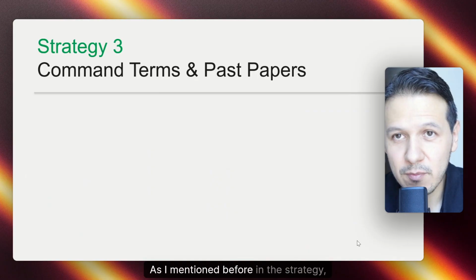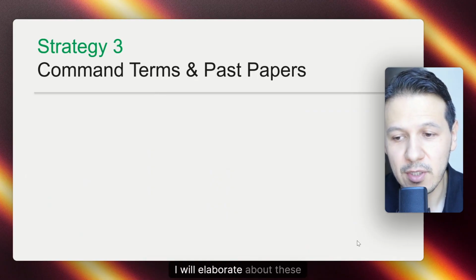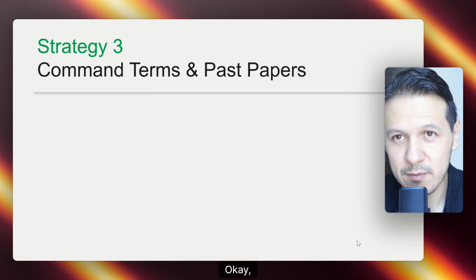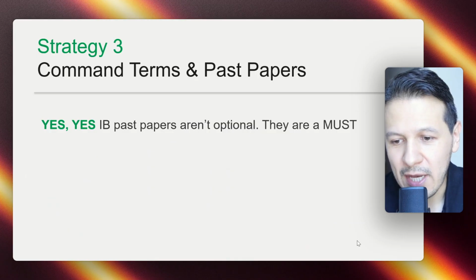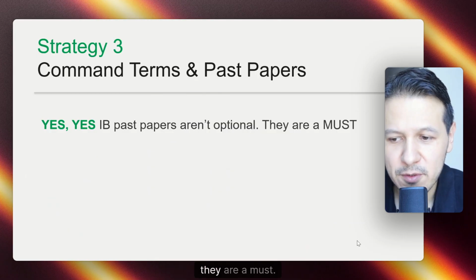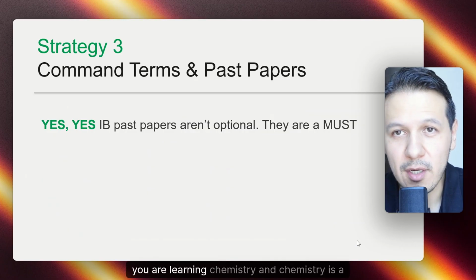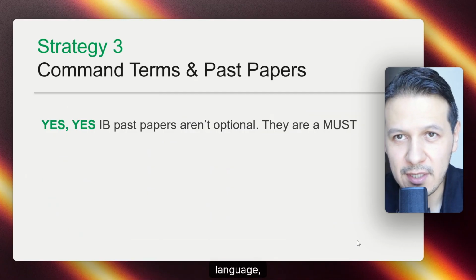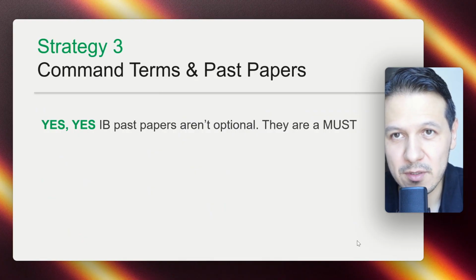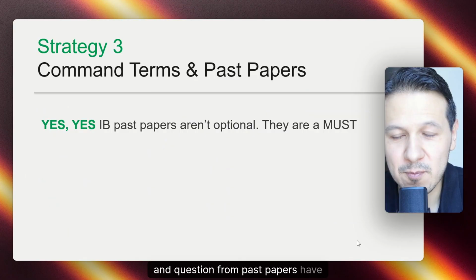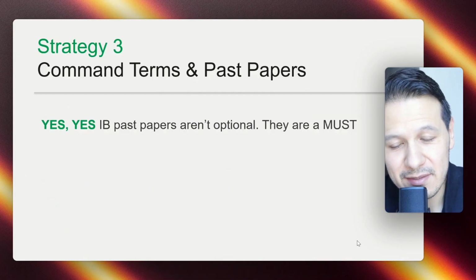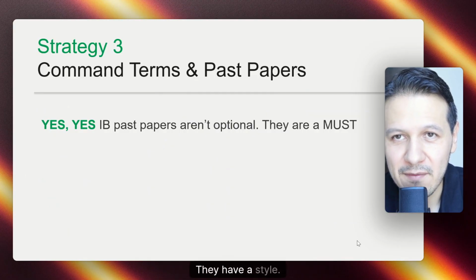Number three is common terms and past papers. As I mentioned before, I will elaborate about these past papers. Past papers are not optional, they are a must. Even though you are learning chemistry and chemistry is a language, you have to understand that past papers and questions from past papers have a style.